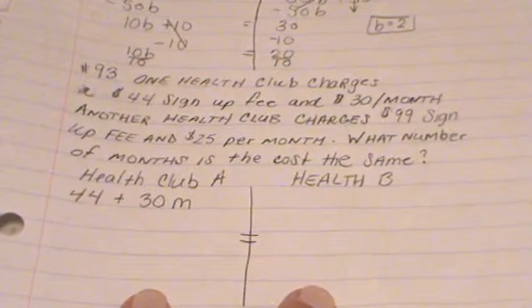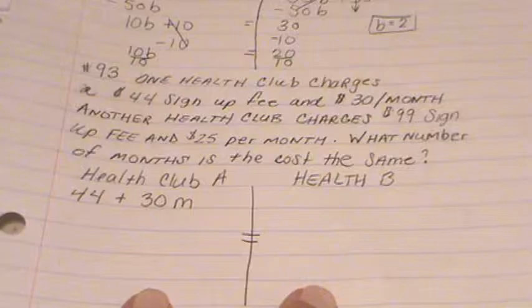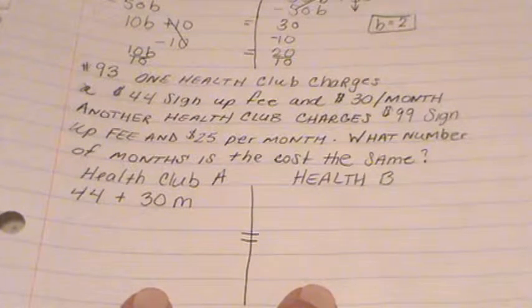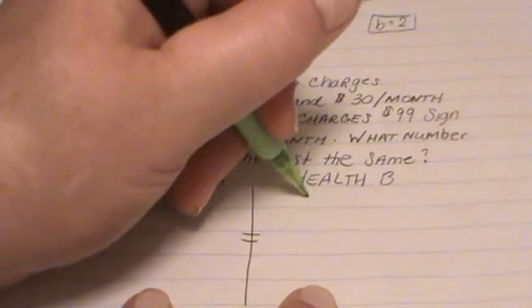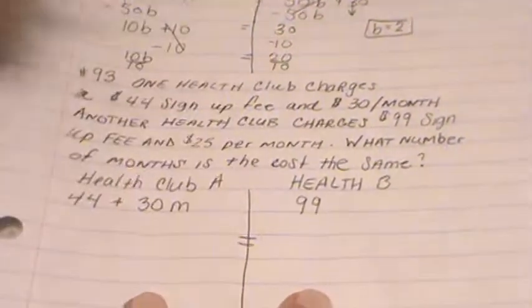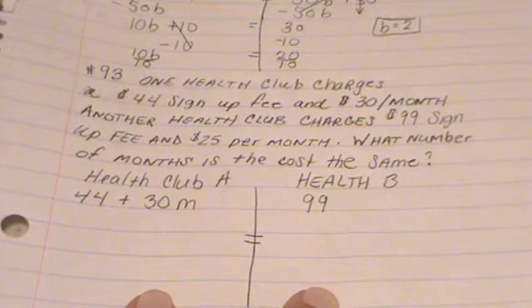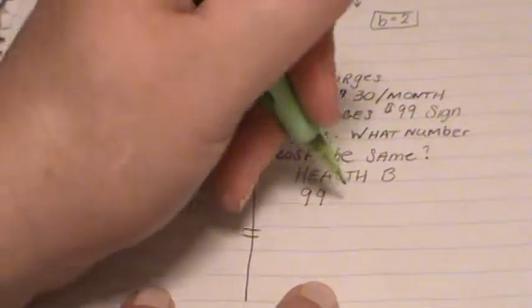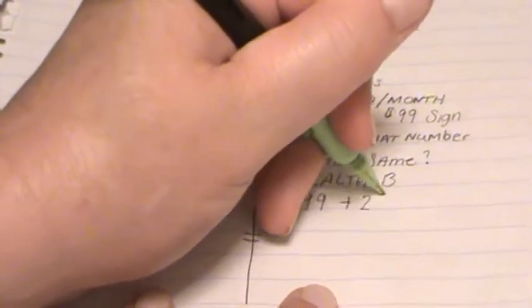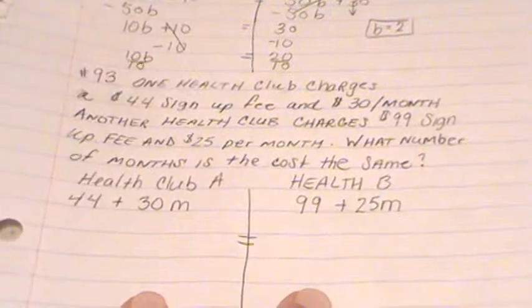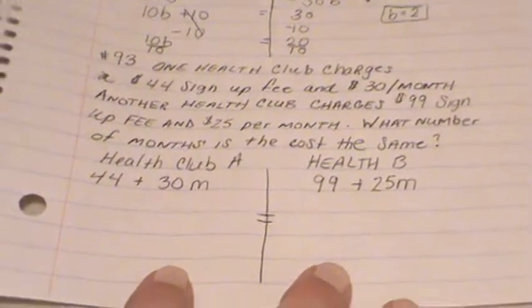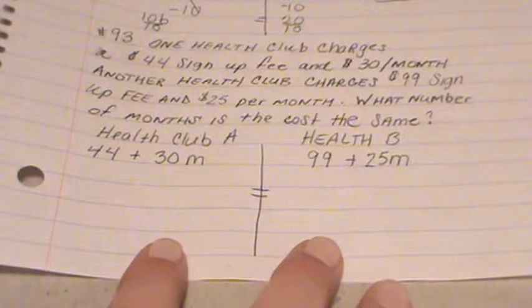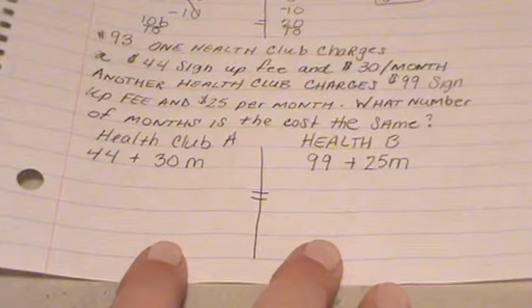That is all the information that they gave me for Health Club A. On Health Club B, they gave me a $99 sign-up fee, so that's a one-time fee, which means I do not add a variable on it because it's never going to change. And then it's $25, and we don't know how many months we're going to use it, so that's where our variable comes in. Again, it's all back to setting up the equations and being able to solve them.